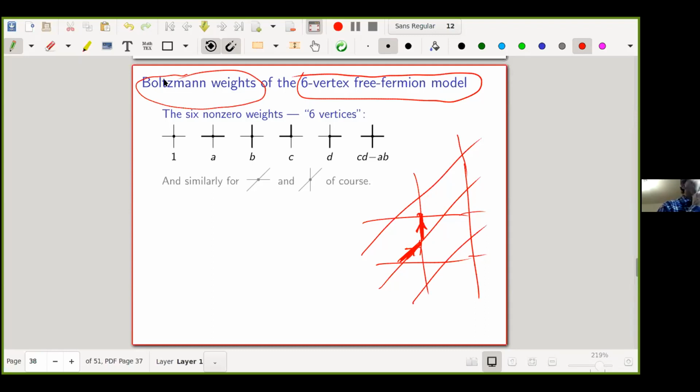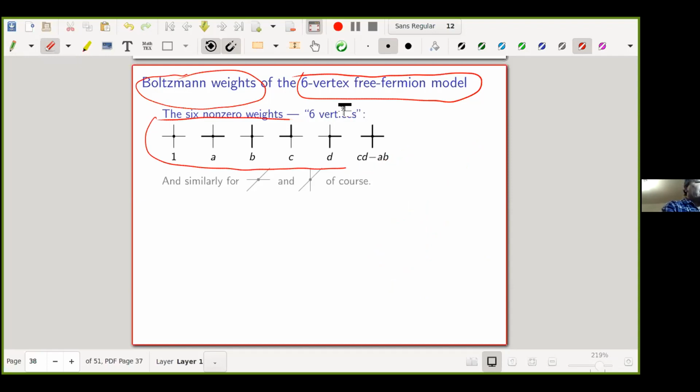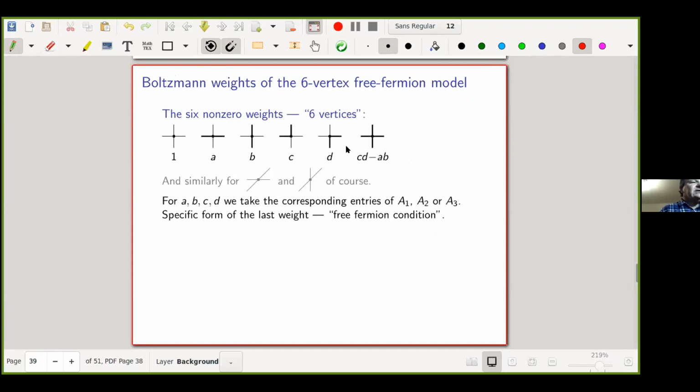So the only situations at each vertex where the Boltzmann weight is not 0, there are only 6 such situations, depicted here by definition. And this is why this is called six-vertex model. This specific form of one of the weights is called the free-fermion condition.